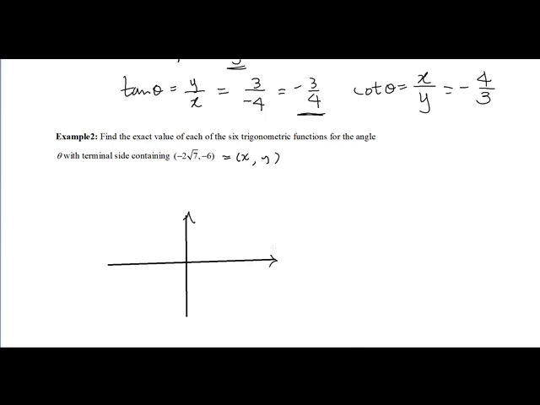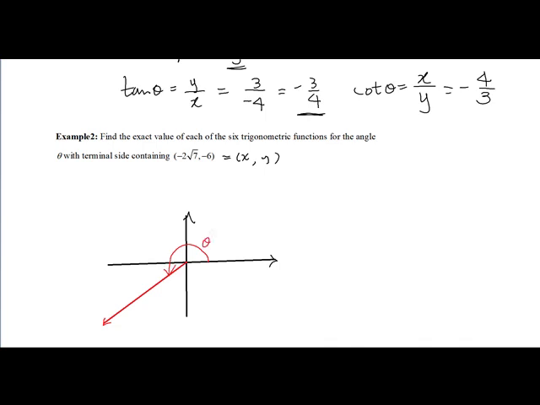And since x and y are both negative, the terminal side of the angle must be sitting in the third quadrant. And so your angle from here to here, or something coterminal to that, is theta.